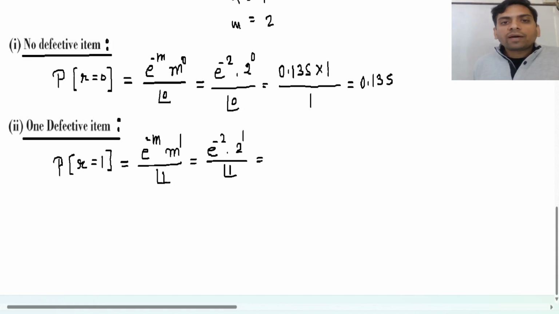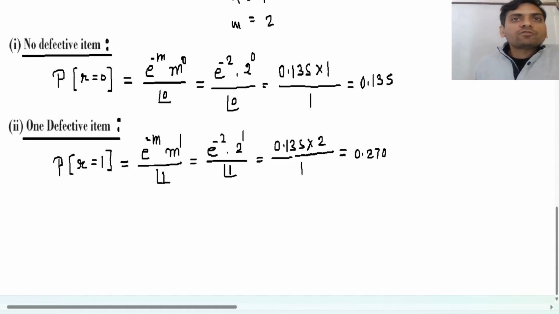Now e raised to the power minus 2 is already calculated, this is 0.135, multiplied by 2 raised to the power 1, which is 2, and this quantity divided by factorial 1, which is 1. Clear? So your answer is 0.270. Is it clear? Anyone? Any doubt? Confusion?